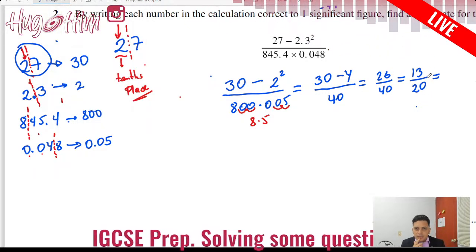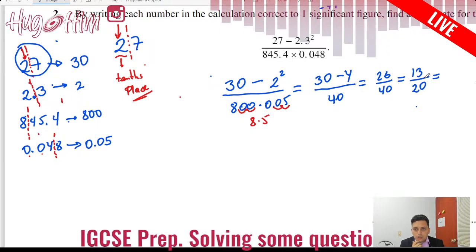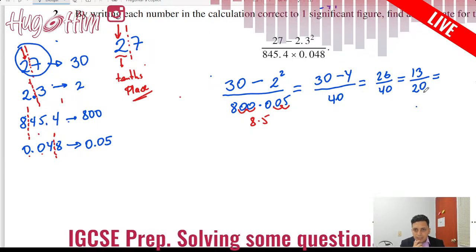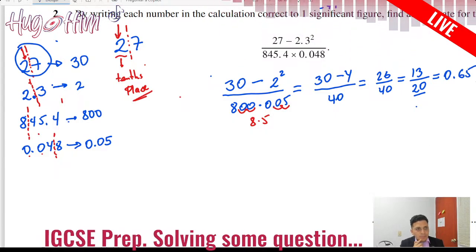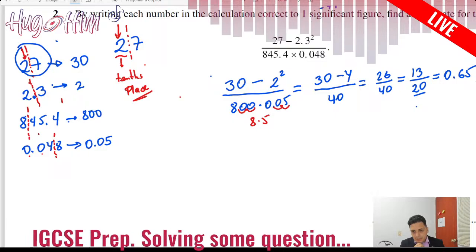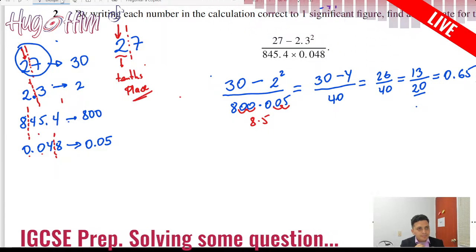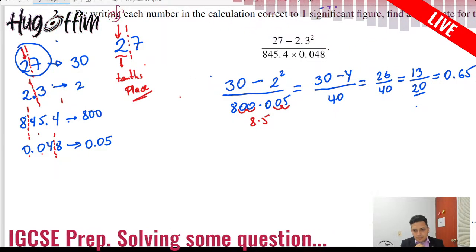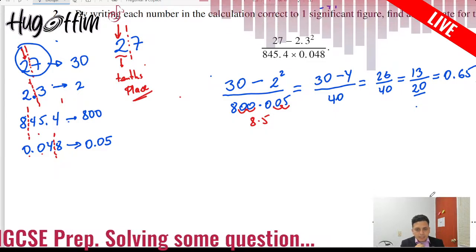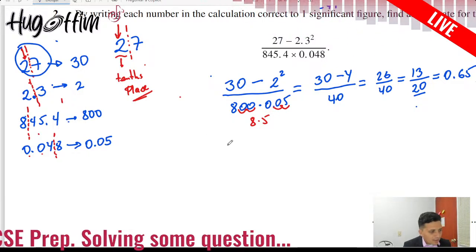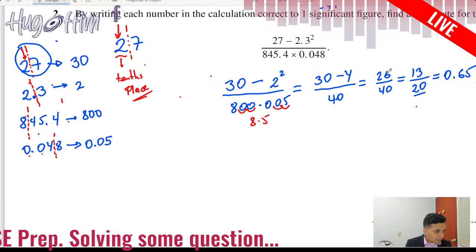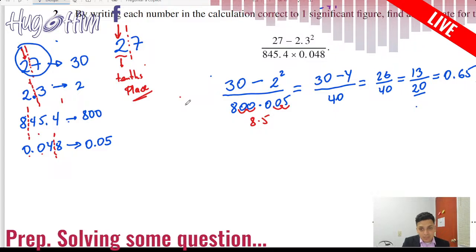So 13 divided by 2 is going to be 6.5, but it's divided by 20, so it's going to be 0.65. Yes, indeed, 0.65. This will be the estimation. Now it's corrected. Thank you for your comment. Thank you for noticing when I made a mistake. Sometimes we make mistakes and we don't notice.